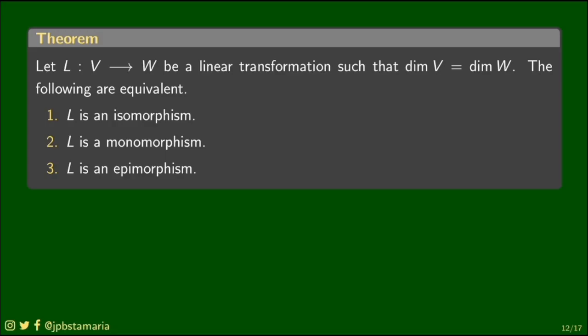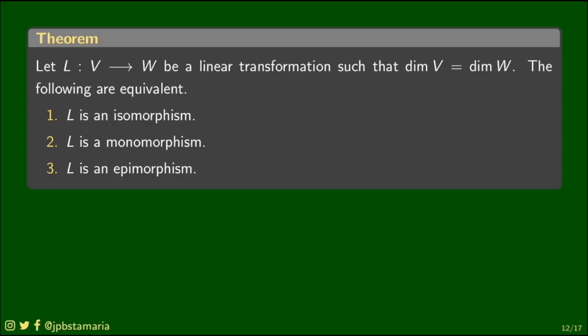If L is a linear transformation from V to W where V and W have the same dimensions, so they are both finite dimensional, the following are equivalent. Number 1, L is an isomorphism. Number 2, L is a monomorphism. Number 3, L is an epimorphism. So these three things do not really differ when the dimensions of V and W are the same.